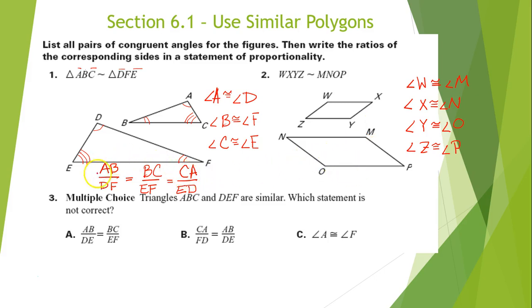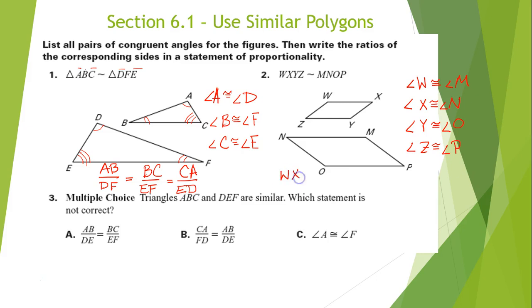Now let's do the statement of proportionality. Since there are three sides in a triangle, there should be three statements that you make for proportionality. If there are four sides, like we have here, there's going to be four of these ratios that we put together. So let's start at the beginning, WX and MN.